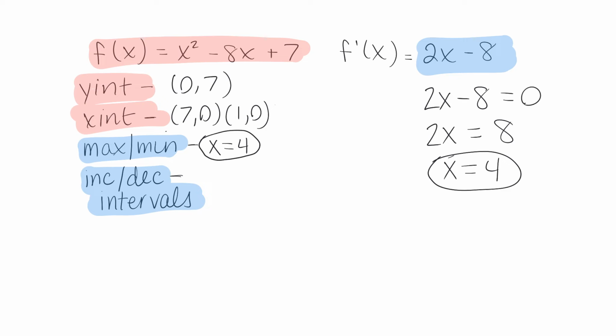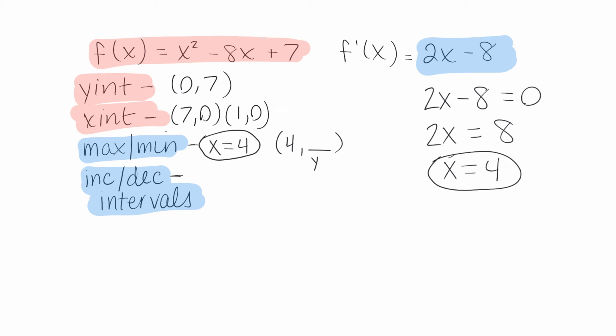However, if you decide you need to find the y value for that, where do you find y values? Where do you find coordinates? You find them in the original function. So you would have to plug that in. So you'd have 16 minus 32, negative 16 plus 7.